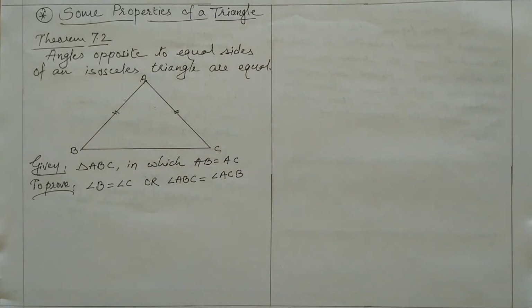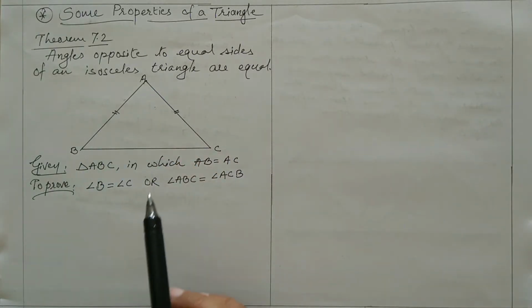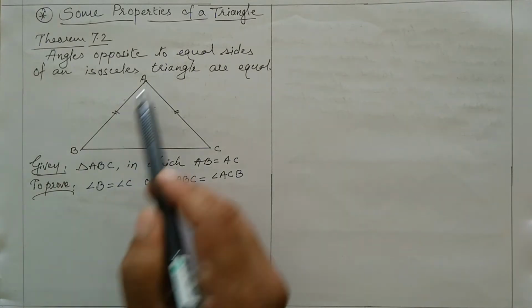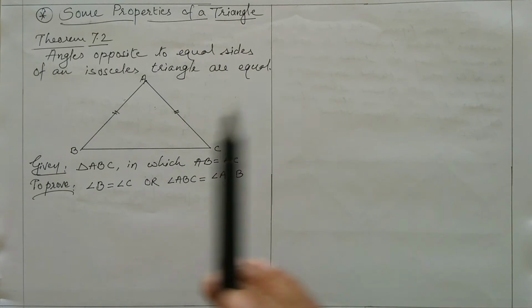Let us see now some more properties of a triangle. So here we are going to discuss a theorem. Angles opposite to equal sides of an isosceles triangle are equal. You can see here I have drawn triangle ABC as an isosceles triangle where AB is equal to AC. Then what you have to prove? Angles opposite to equal sides.